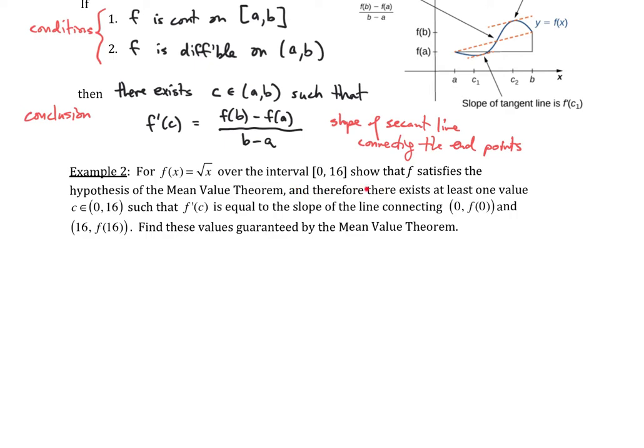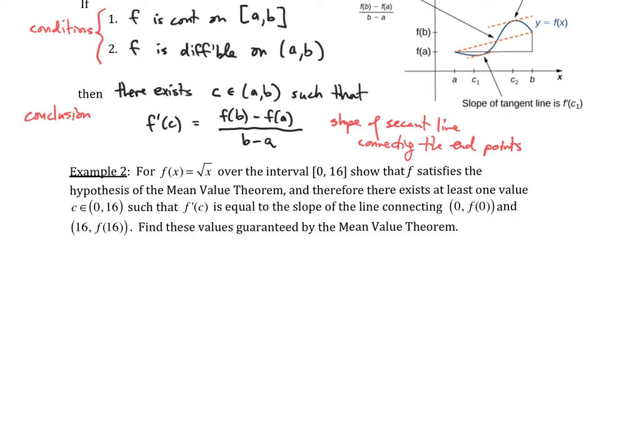And then, therefore, it shows that there exists at least one value, C, inside the open interval from 0 to 16, so that the derivative at this point is equal to the slope of the line connecting the two endpoints. The endpoints being 0 and f of 0, and 16 and f of 16.